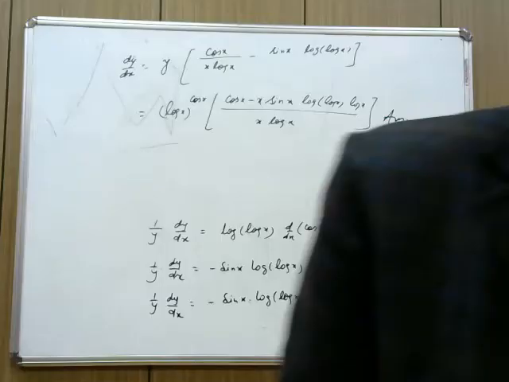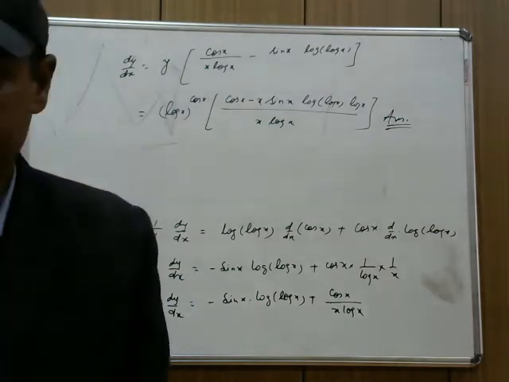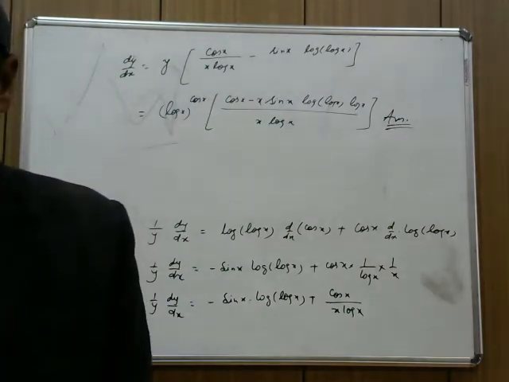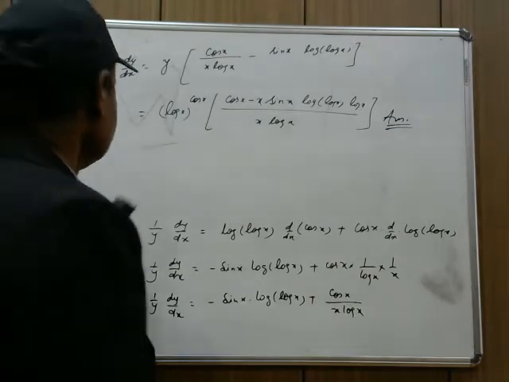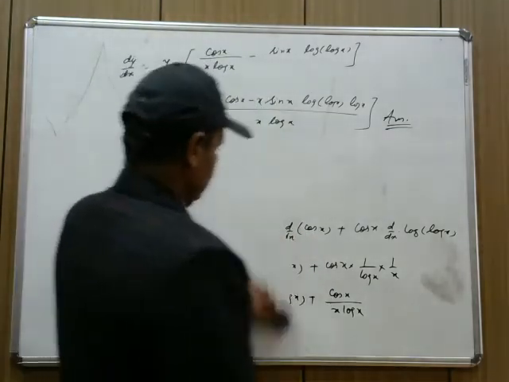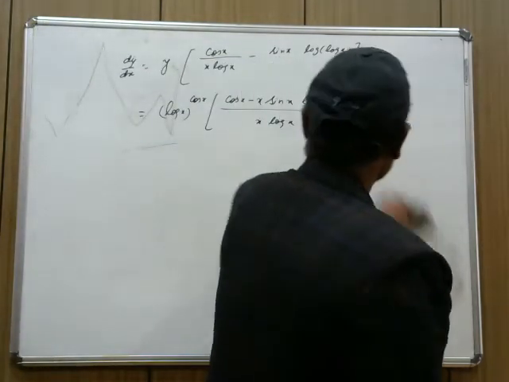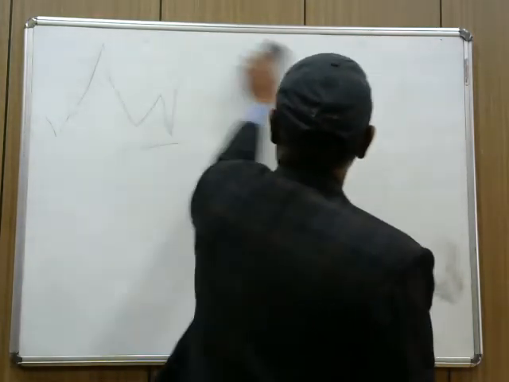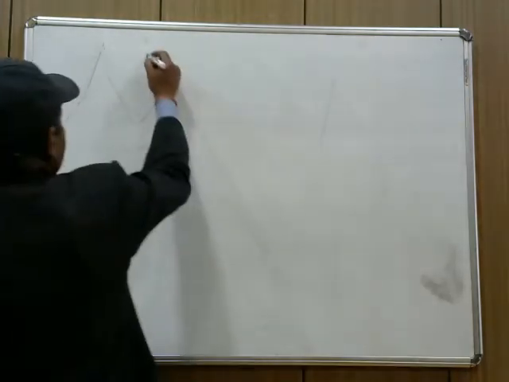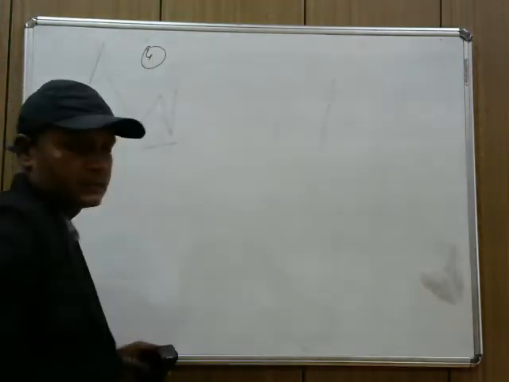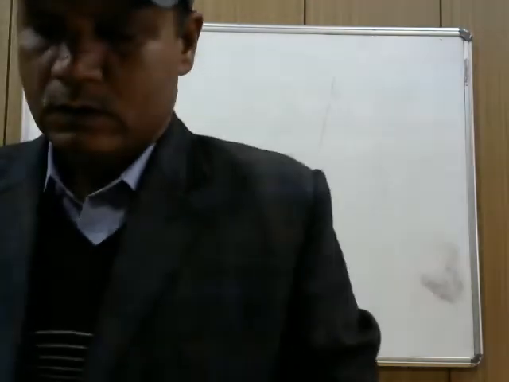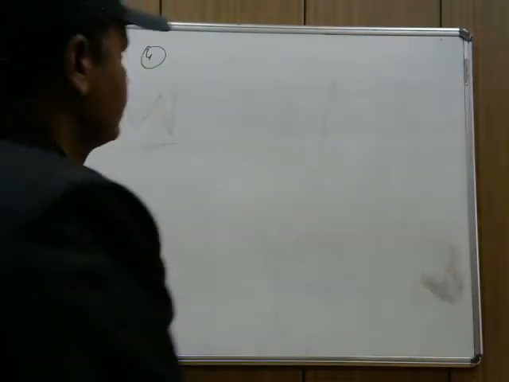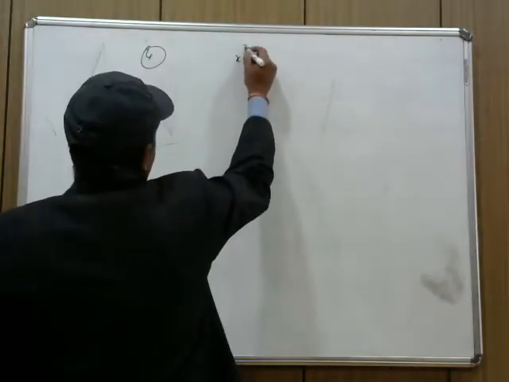Similarly, you can do almost all the questions of this exercise, and suppose now one question is question number 4. In question number 4, we have to find the differentiation of x to the power x minus 2 to the power sin x.